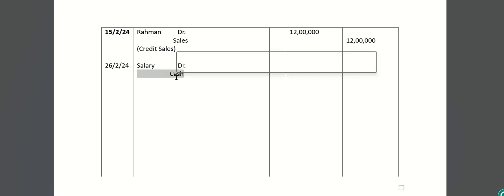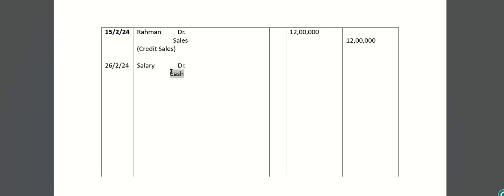Another justification is that the asset cash has decreased. When an asset decreases, we give credit to it. Now we will write the amount 3 lakhs near salary because we have paid a salary of 3 lakh rupees. And parallel to cash we also write 3 lakh rupees, because we know a reduction of rupees 3 lakhs has happened to cash. Now we can write the narration: simply, paid salary.